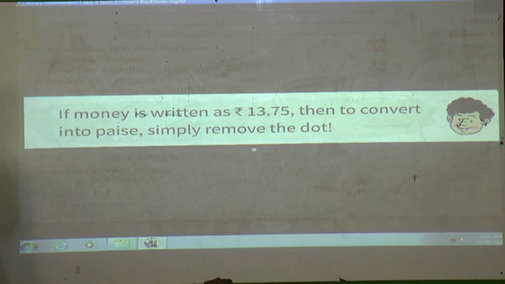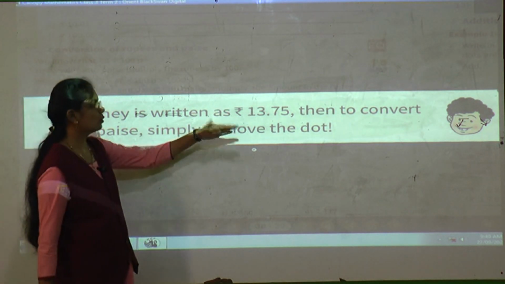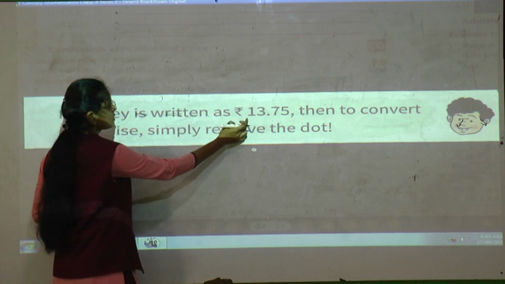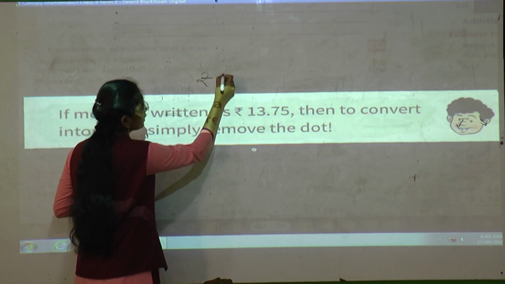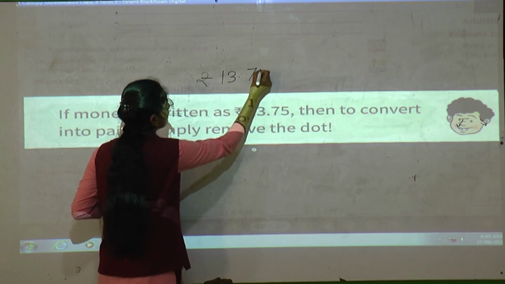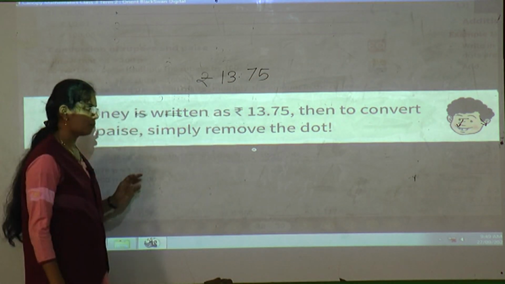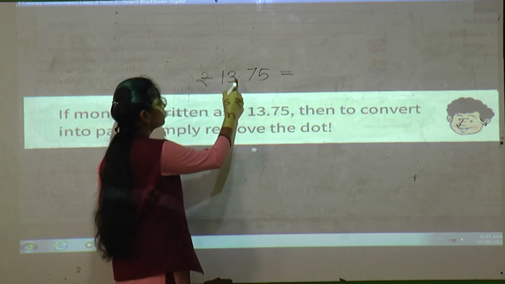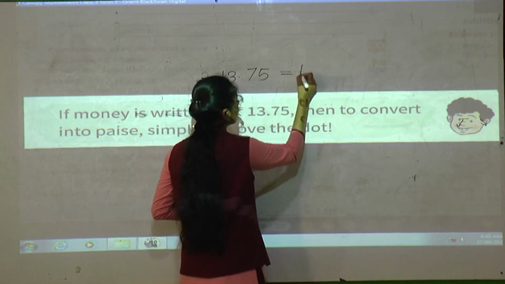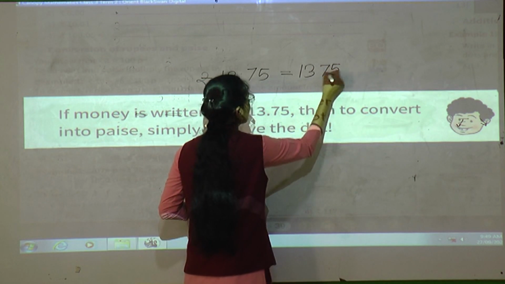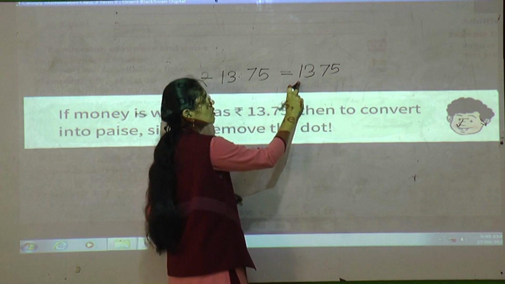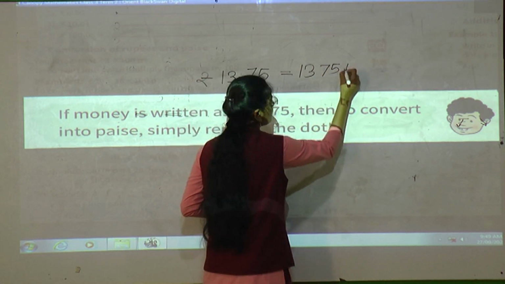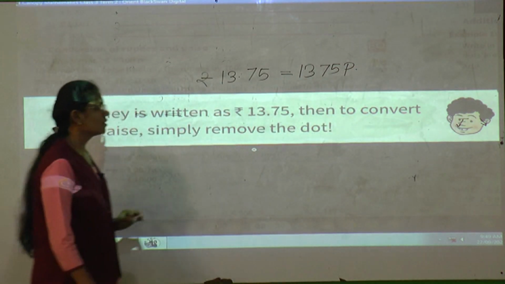For example, taking this same example, rupees 13.75 is equal to, after removing the dot, 1375 paise.